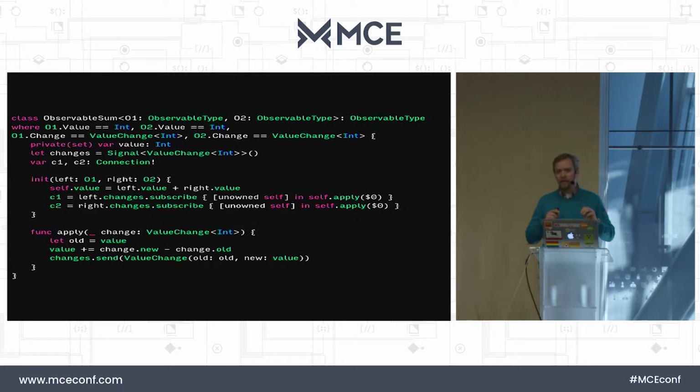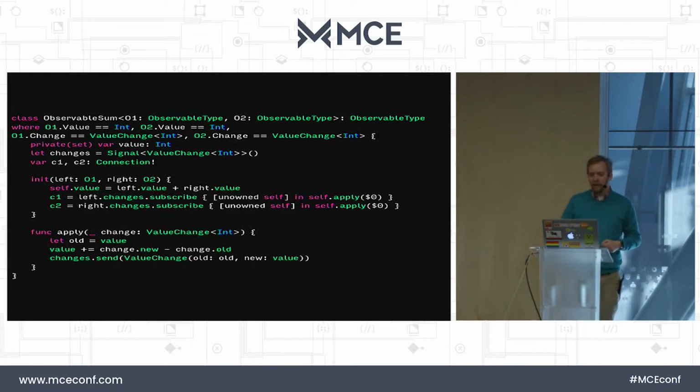So what this does is that it initializes the value of the resulting observable sum by just adding together the values of the operands, and then just subscribes to changes to both operands and applies the difference to the result to get the sum updated, to keep it in sync with the input parameters.